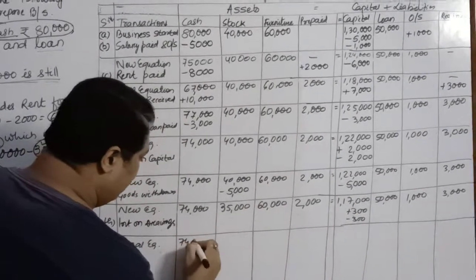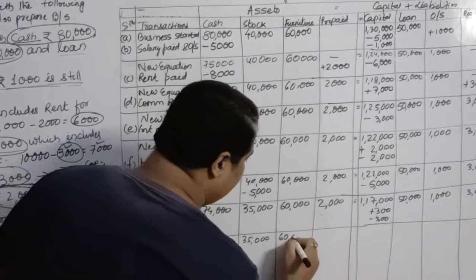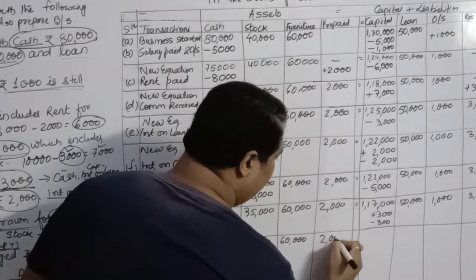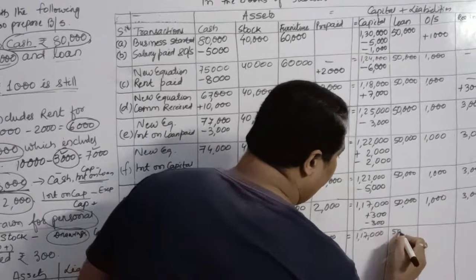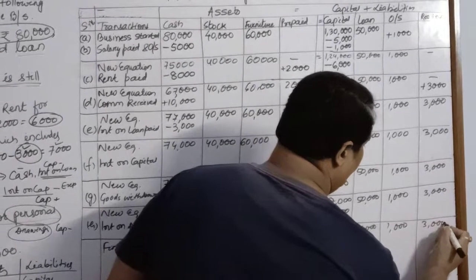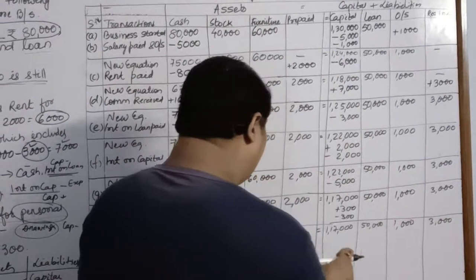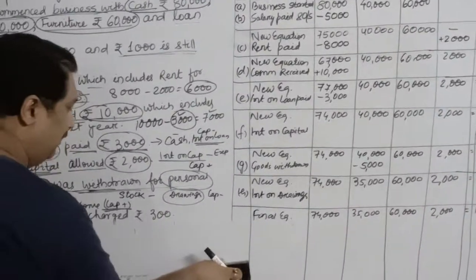Now final equation is 74,000, 35,000, 60,000, 2,000 is equal to 1,17,000, 50,000, 1,000 and 3,000. Now this is your final equation, children. We were asked also to prepare the balance sheet.